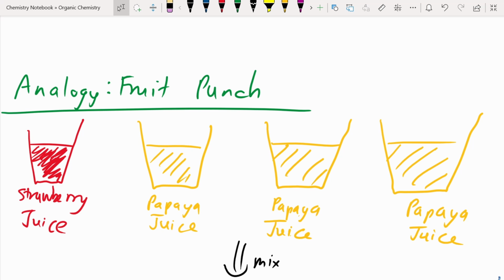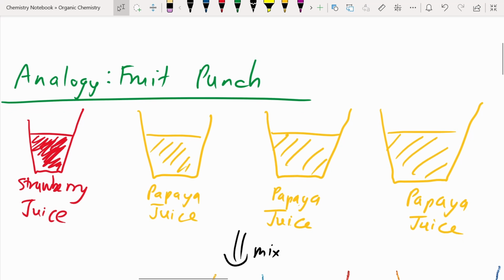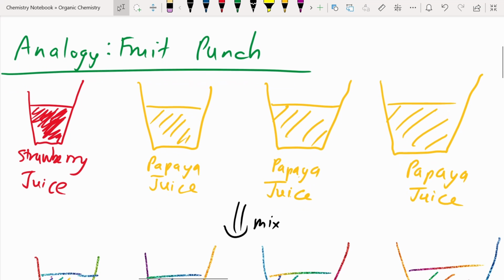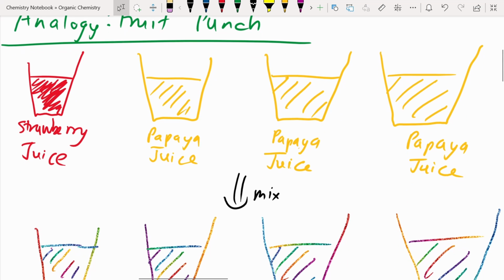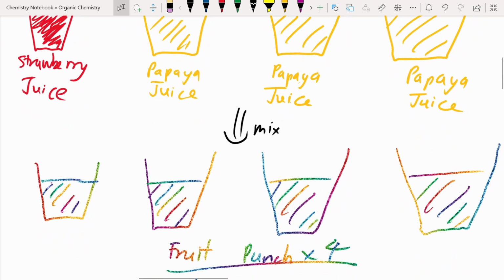All of your 4 friends want to taste your newly made fruit punch. So what you decided to do is to mix 1 strawberry juice and 3 papaya juice. And this will help you make 4 fruit punches for your 4 friends.